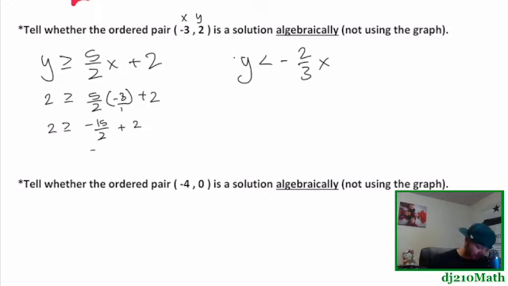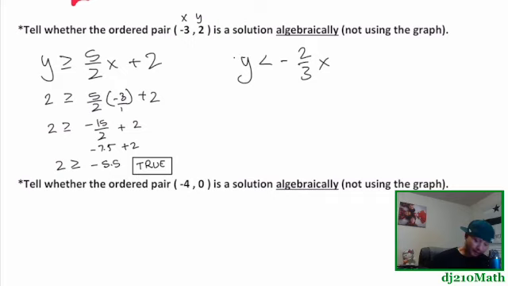So this is -7.5 plus 2 will give us -5.5. And we say, okay, is 2 greater than or equal to -5.5? Yes, that's true. It is greater than. 2 is definitely greater than. 2 is greater than any negative number.